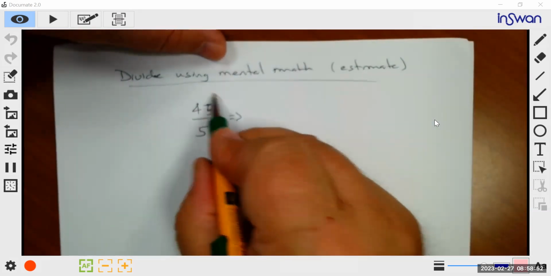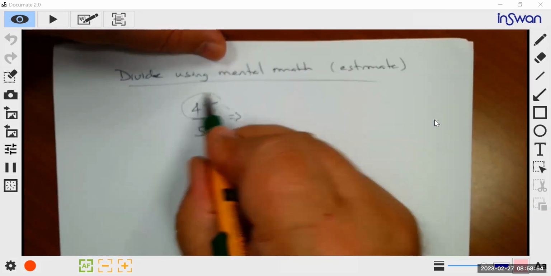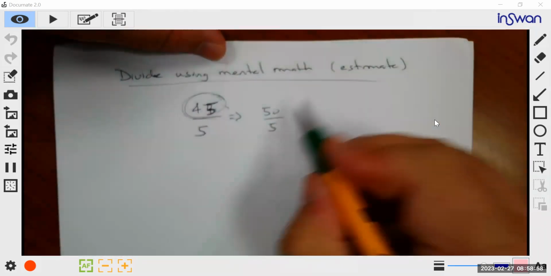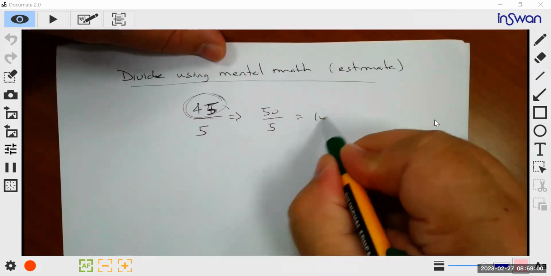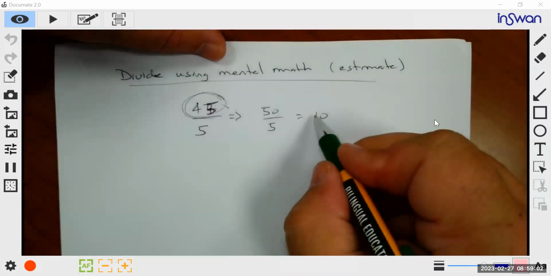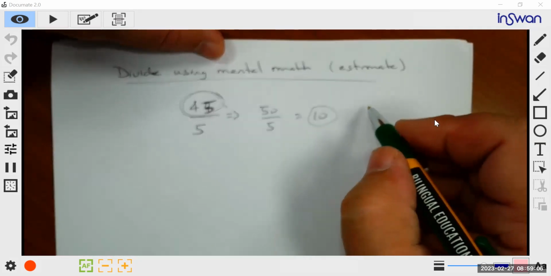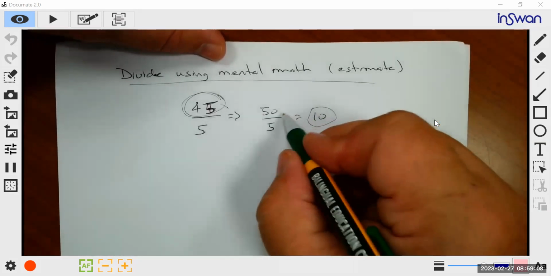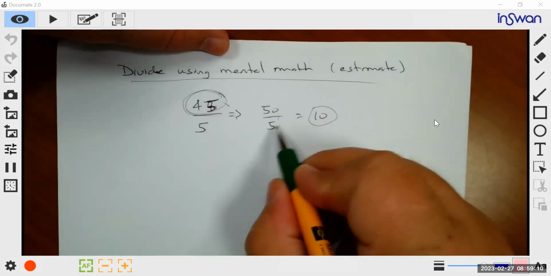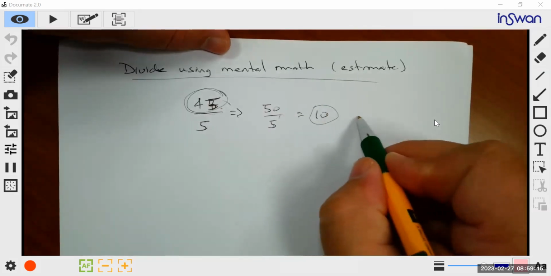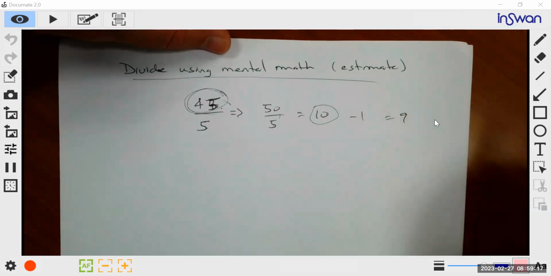What we could do here is, since 5 is a whole number, let's round this one up to 50. 50 divided by 5 is 10. So we know since we rounded up, it's got to be less than 10. We added 1, now we take away 1, so we know it's going to be 9.